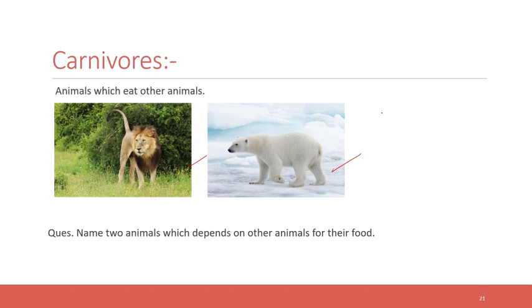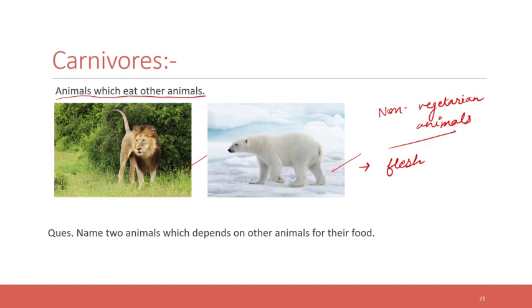Mainly, these are non-vegetarian animals. They depend on the flesh of other animals for their food. So basically, carnivores can be defined as animals which eat other animals.